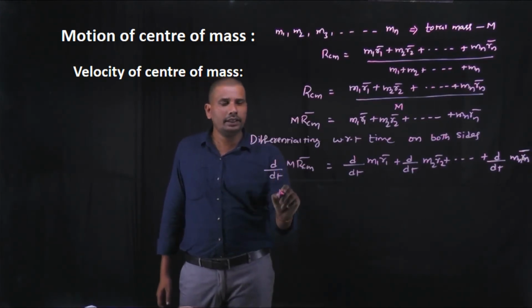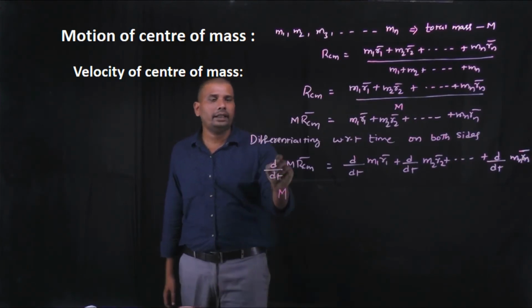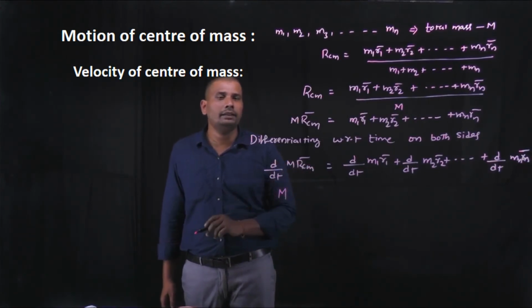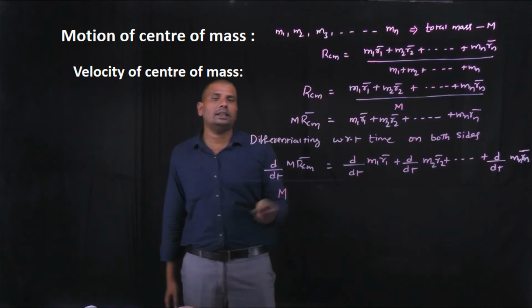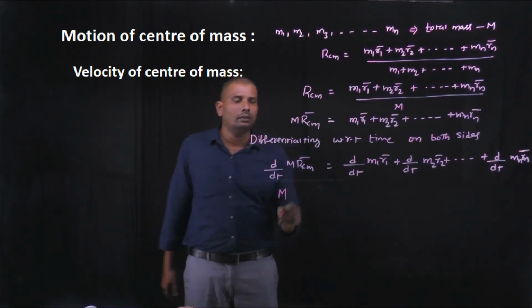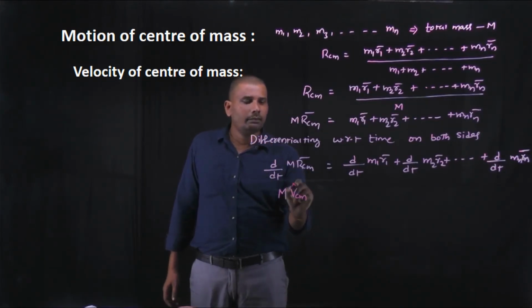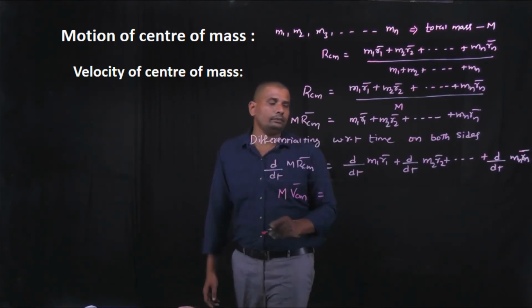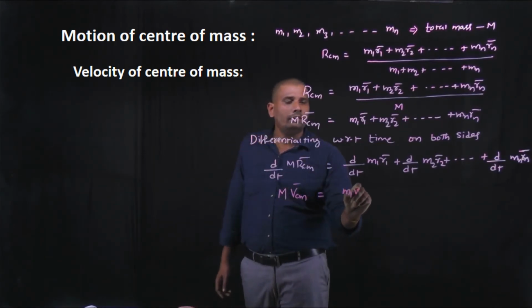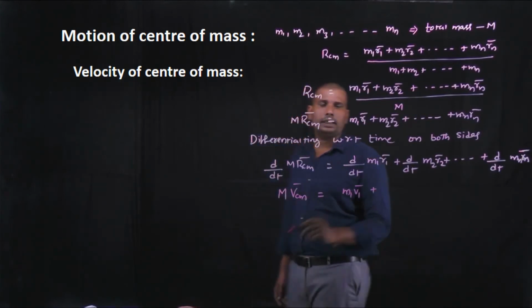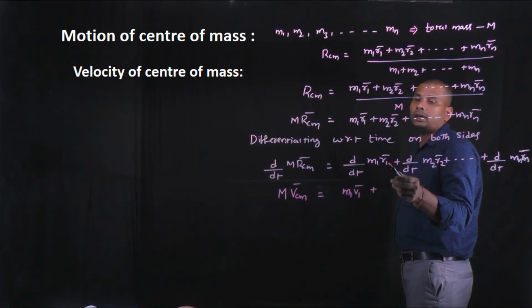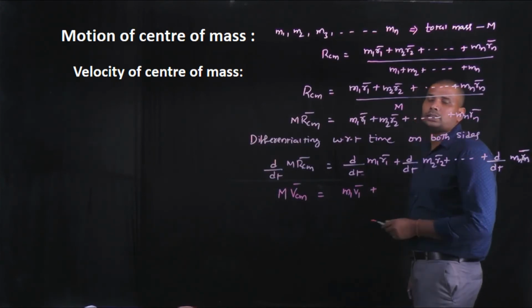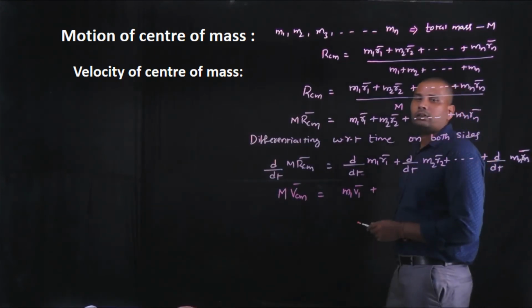M is the constant. Okay, and the remaining term is d RCM bar by dt, that is dr by dt. Here r is the position vector. By differentiating the position vector, we get the velocity. Here position vector is nothing but some distance from the origin. Okay, it is VCM bar, that equals m1 v1 bar plus, here also m1 is constant. By differentiating r1 bar with respect to time, here r1 bar is the position vector of the particle of mass m1.